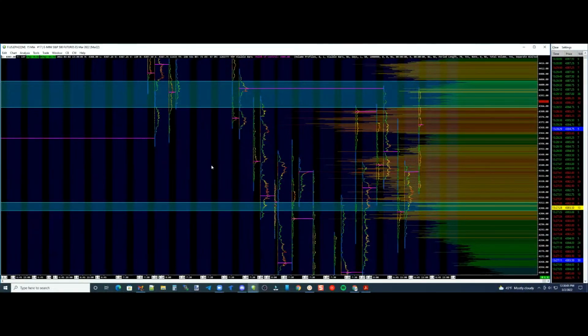You have to figure out a way to get yourself to Denali data. It is the standard bearer, in my opinion. I understand Rithmic too; I think Sierra Chart and Rithmic are playing nice again. I don't use Rithmic. I would tell you, you're doing yourself a disservice by utilizing Interactive Brokers data because it's crap.